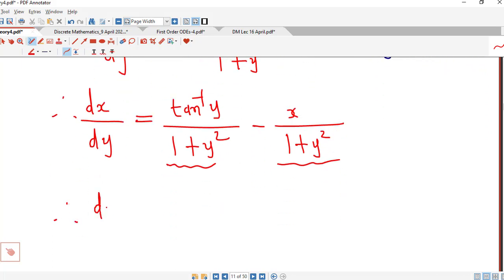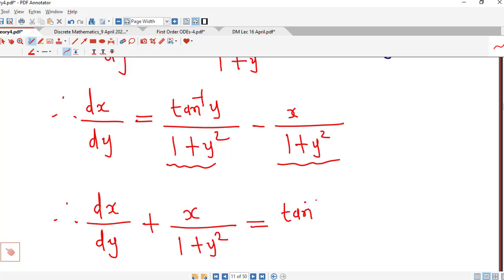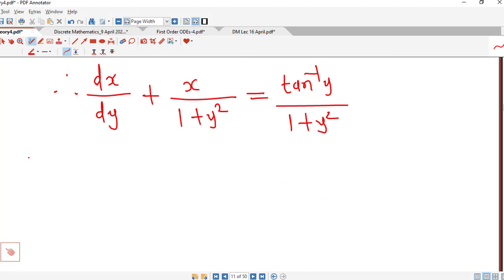So therefore dx by dy plus x divided by 1 plus y square equal to tan inverse y divided by 1 plus y square. So this is in standard form.